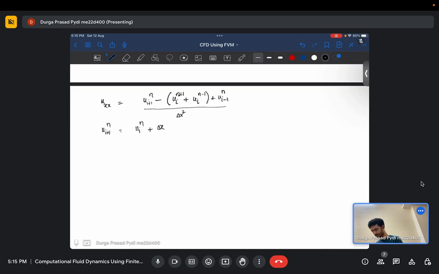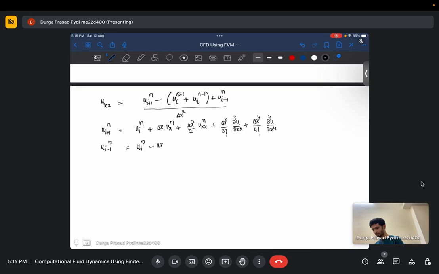Plus delta x times u x at n, plus delta x square by 2 u xx, and delta x cube by 6, I just write del cube u by del x cube. Similarly, you also have u i minus 1 at n, which is essentially the Taylor expansion around minus delta x.